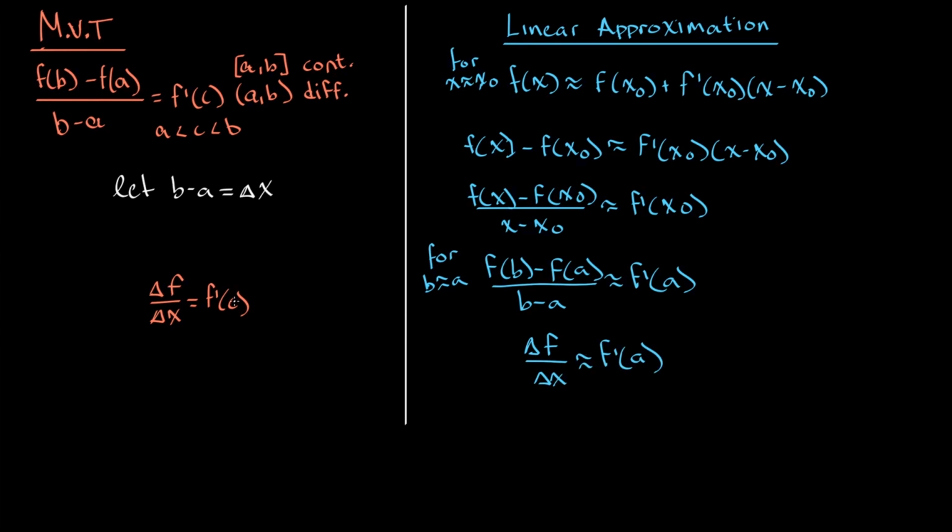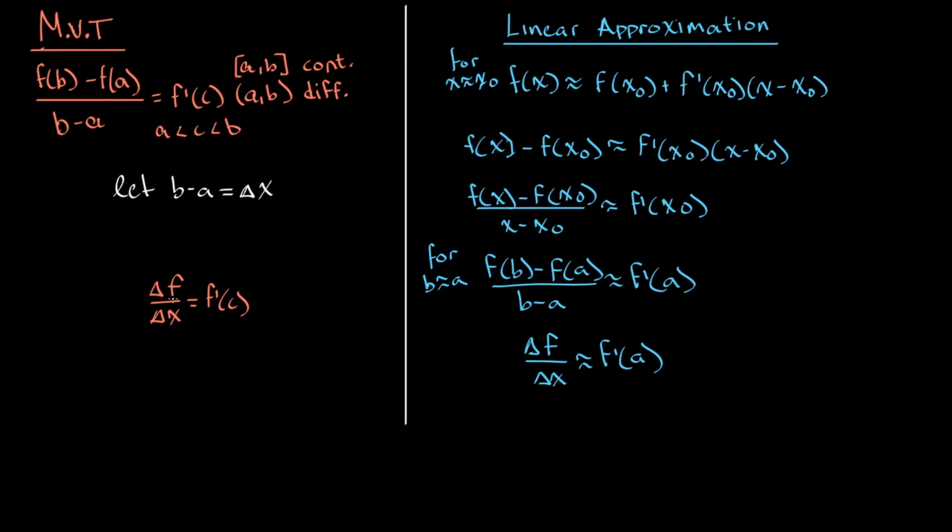So what are these guys saying? How are they similar? How are they different? Let's talk about that. Well, you can notice on the left-hand side, we have delta f over delta x in both of these. So if you want to compare that to speed, and I think that's the best way to talk about these things, at least in my brain. This mean value theorem is saying that for our time interval, if you're thinking about a car going on a trip, the average speed that you have for that trip, you're guaranteed to be going at least one time over that trip that same average speed.